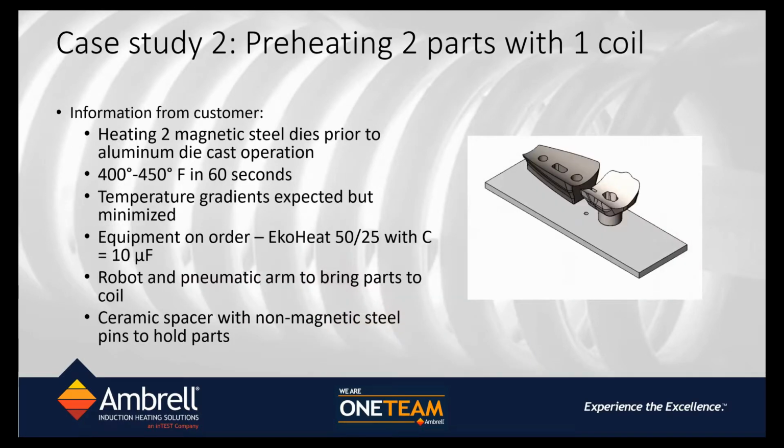There was another case study that came to us where a customer wanted to heat two metal parts, the shapes shown in the picture on the right, before an aluminum die cast operation. Temperature was not too high, but the customer wanted as uniform a heat as possible to then put these parts in an injection molding machine.